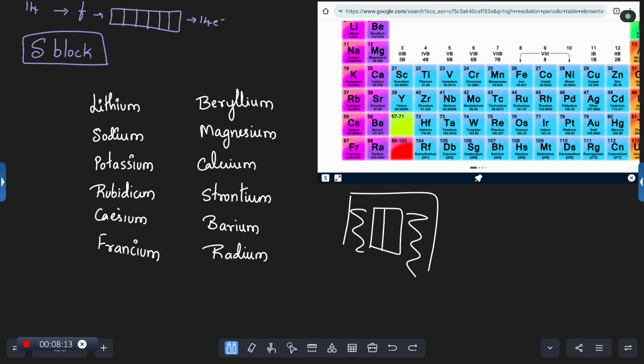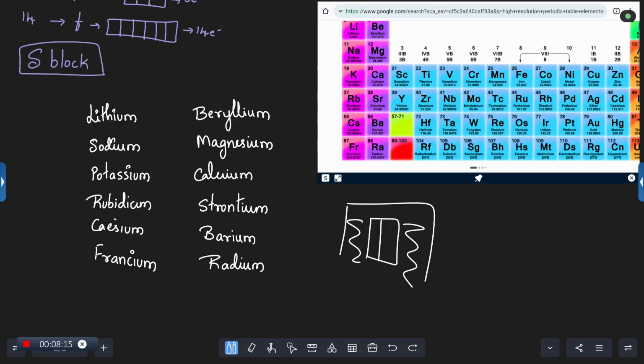Okay, others, look at the board. Now silence. So the first group has 6 elements and the second group has 6 elements. First group, what do you call it? Alkali metals. We call it alkali metals.